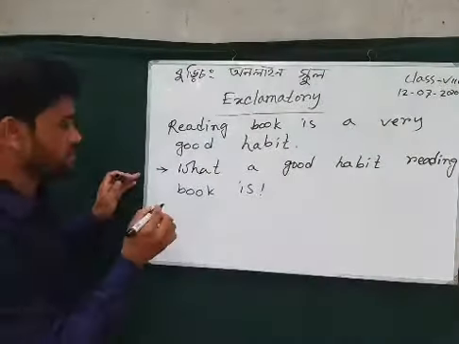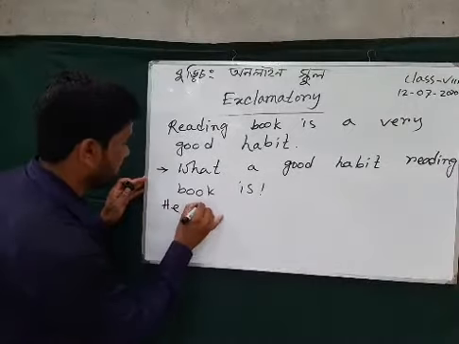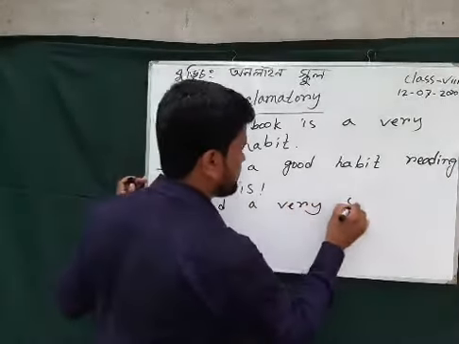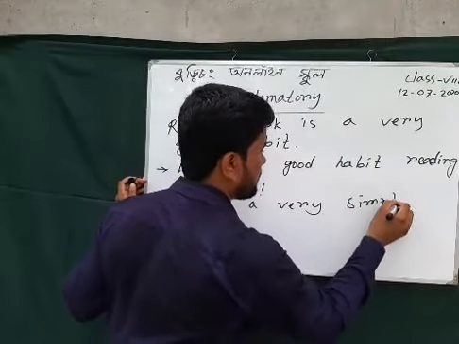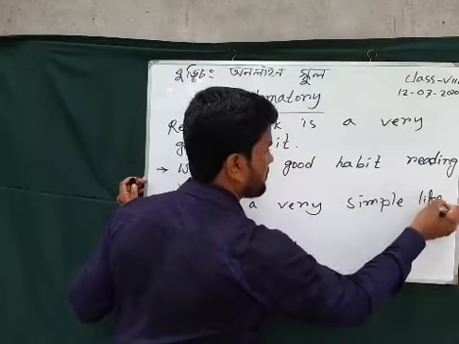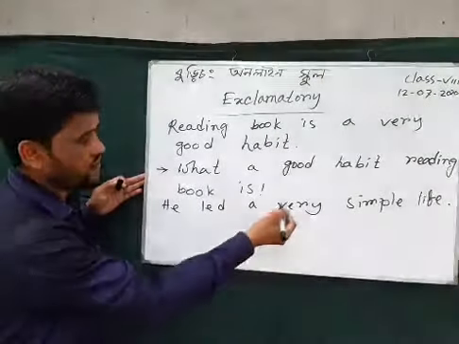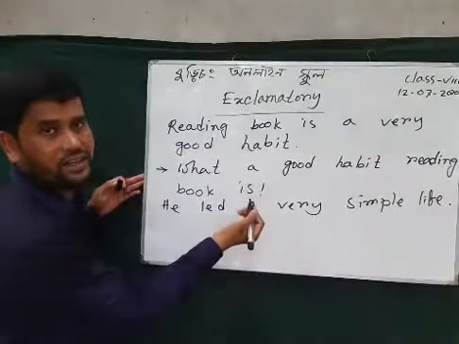He led a very simple life. So here you see a very, we find very or great, and also we find a or n.